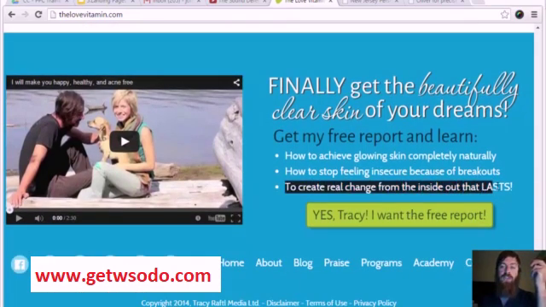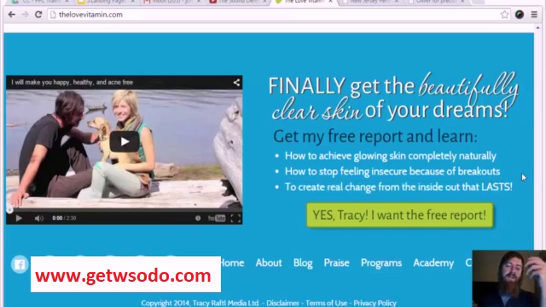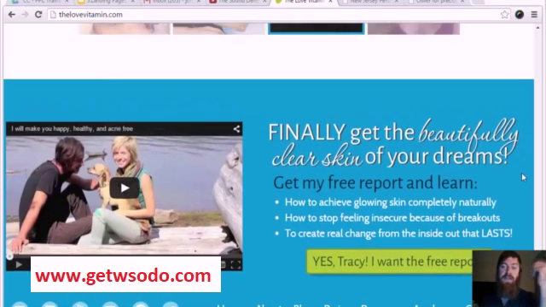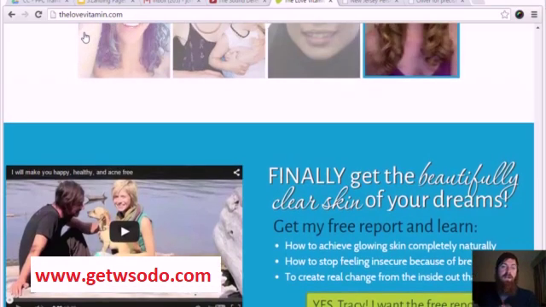Or, "How to create real change from the inside out that lasts," which you could justify with a feature such as "as seen in chapter 5." So you're just mixing and matching. With physical products, it's pretty easy because you say this part of the product is going to give you this benefit.